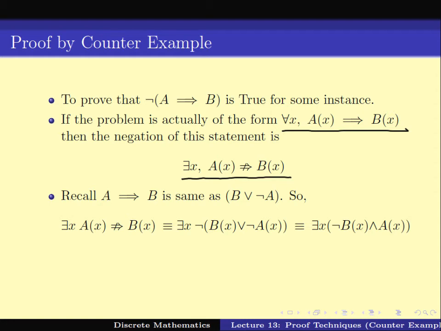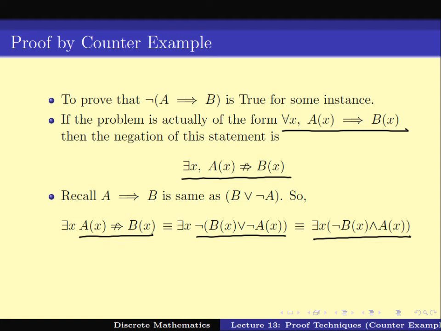Recall that A implies B is the same as B or not A. So the negation of ax implies bx, that is ax does not imply bx, is the same as not of bx or not ax, which by De Morgan's law is there exists x such that not bx and ax.